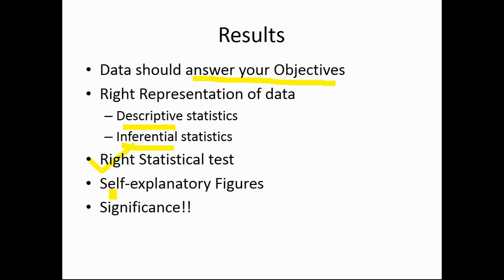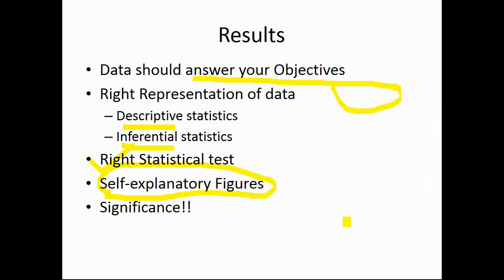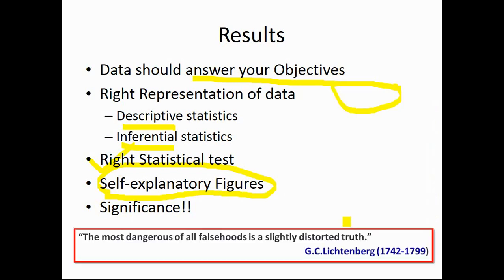Then your figures, as a general rule, both in thesis and in article, should be self-explanatory. The slide should speak for itself. Then don't worry about significance. When you get a p-value greater than 0.05, you should not think that your game is over and you should try again like that. Even when there is no significance, that is also a finding.